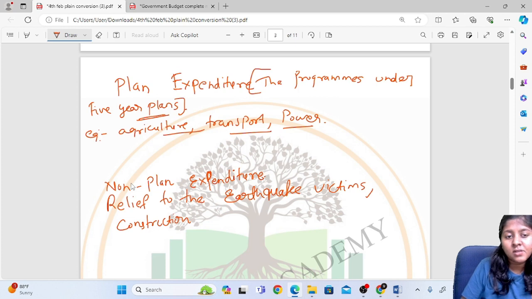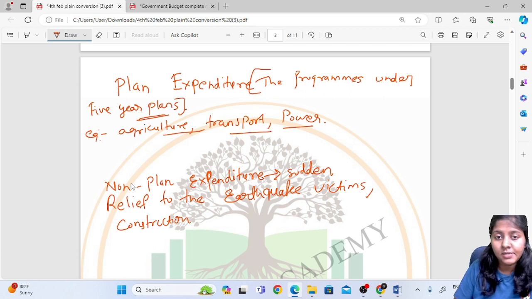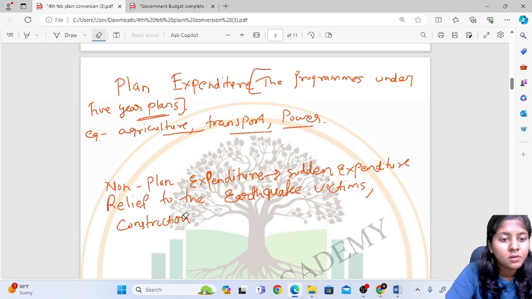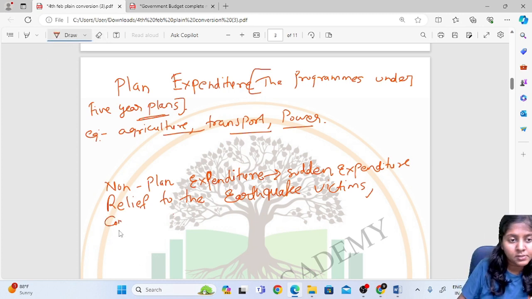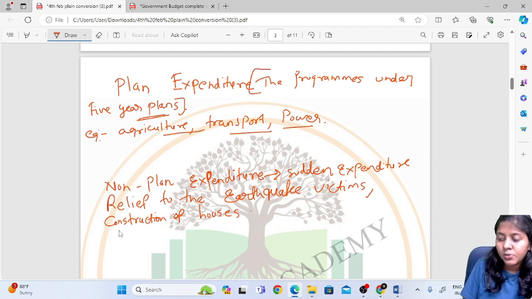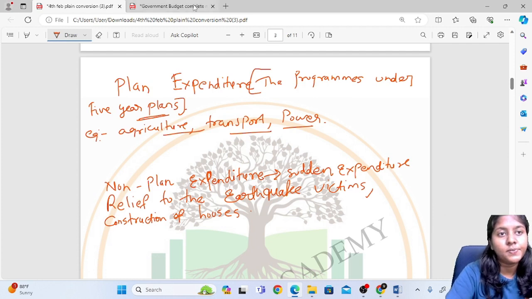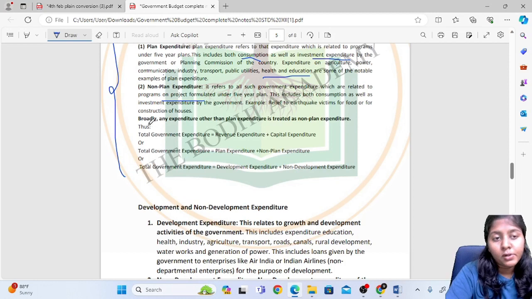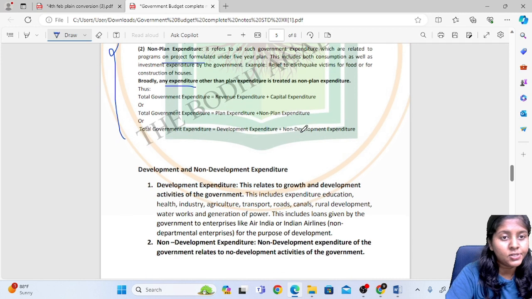These are sudden expenditures, we can say, which occur due to uncertain calamities. So these are your non-plan expenditure. Broadly, any expenditure other than plan expenditure is treated as non-plan expenditure.